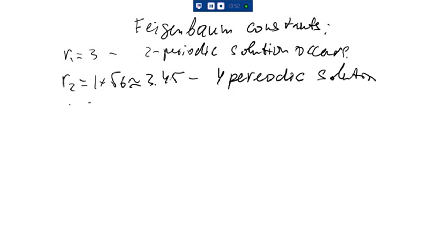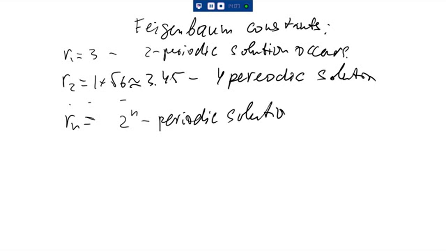And let's put it like this: at Rn, at this bifurcation value of parameter R, a 2 to the power of n periodic solution occurs.